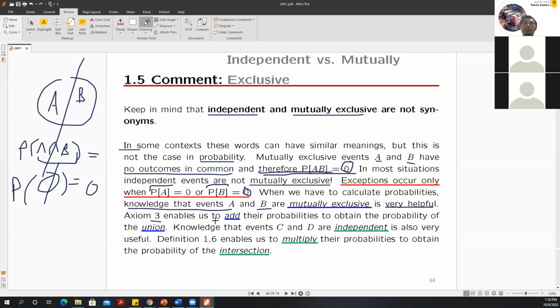Axiom 3 enables us to add their probabilities to obtain the probability of the union. Knowledge that events C and D are independent is also very useful, because then we can simply multiply their probabilities to obtain the intersection.